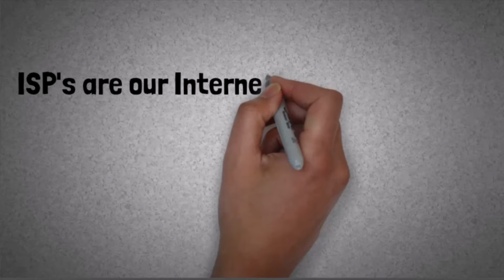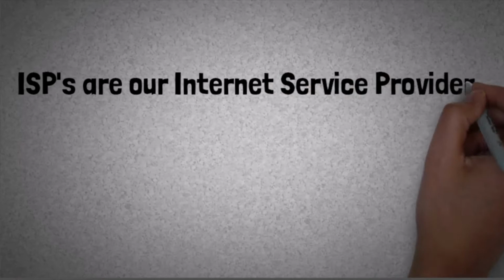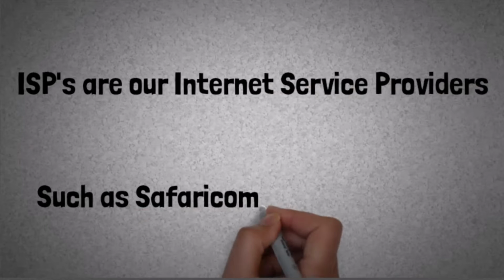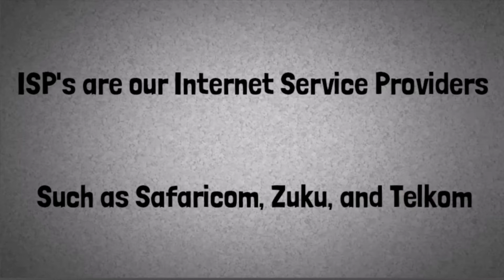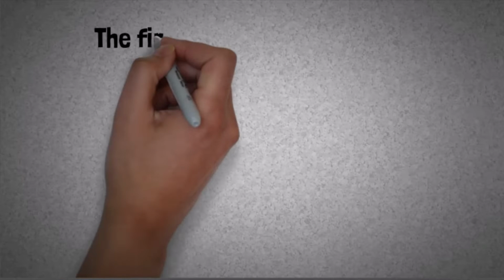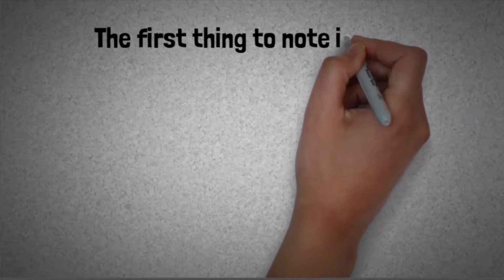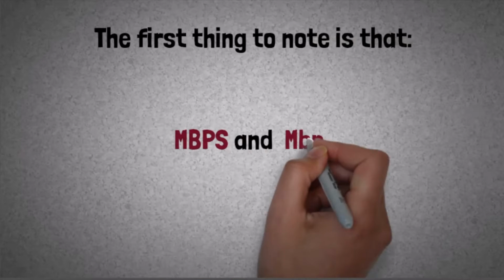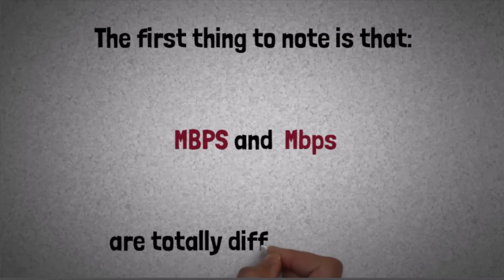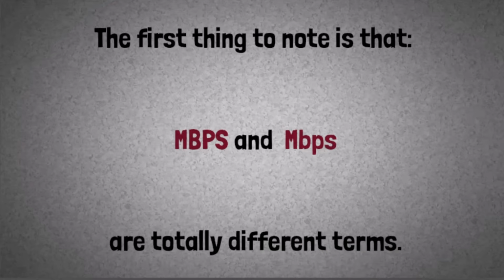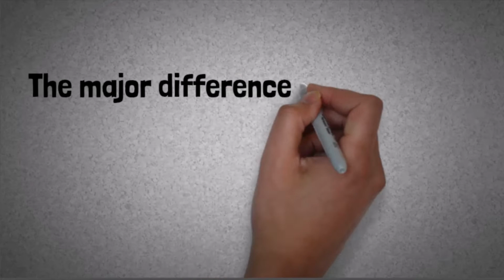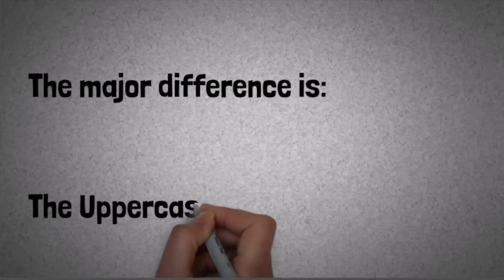ISPs are our internet service providers such as Safaricom, Zuku and Telkom. The first thing to note is that MBPS and Mbps are totally different terms. The major difference is the uppercase B and lowercase b.